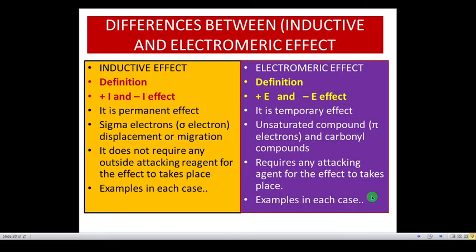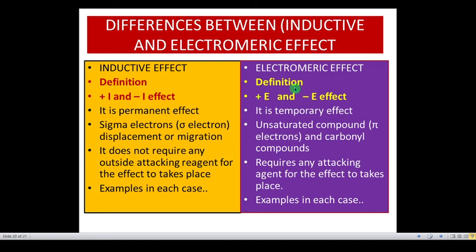Now this is a very important question: find the difference, or distinguish, between inductive effect and electromeric effect, which is repeated in many examinations. In this area we are discussing the inductive effect, and in this area the electromeric effect. We have already pointed out the definitions.